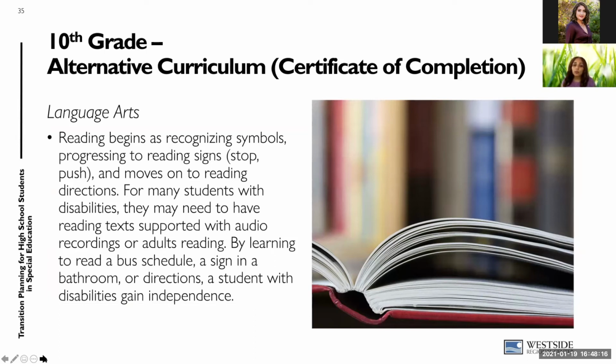Making sure that we stop at a red light. How do you go inside the store? How do you greet people? Things like that. Very functional skills. Being able to read instructions and things like that. So those are the things that they would be working on to be able to have those independent skills. Next.